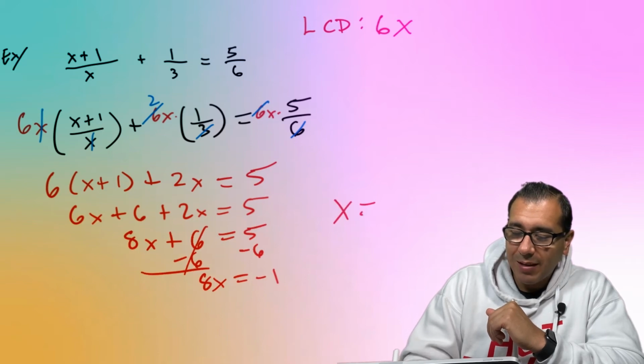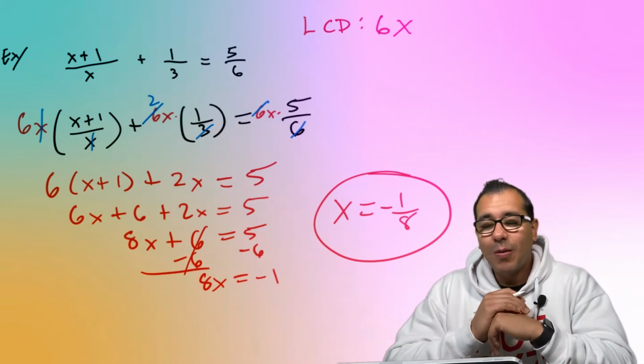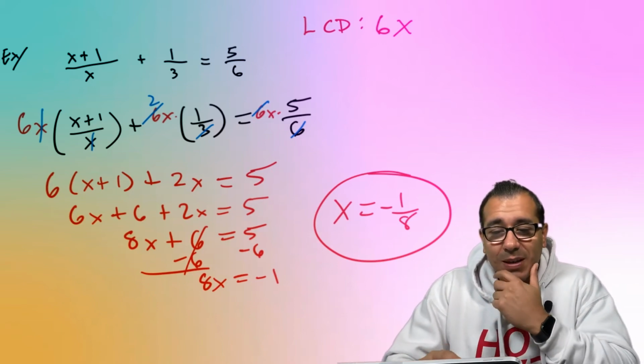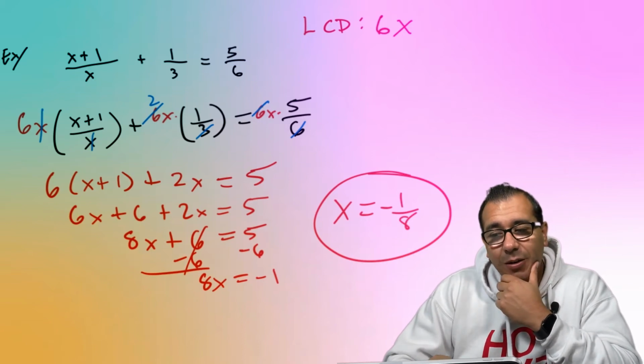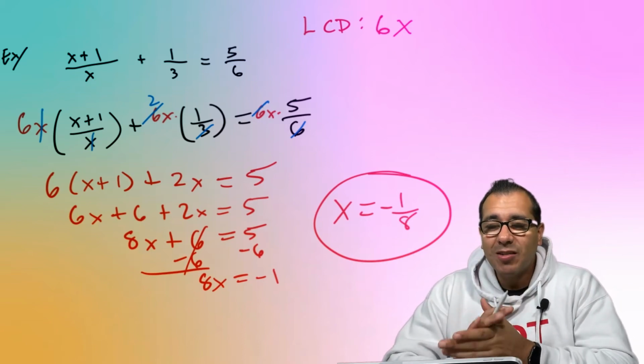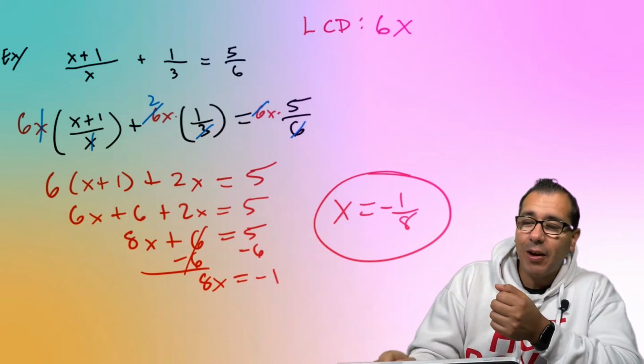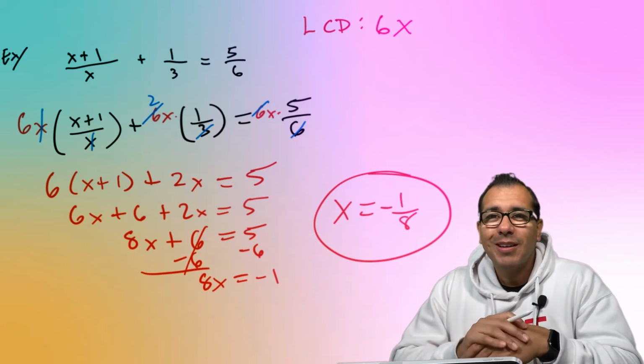And we have x equals negative 1/8. All right. So once again, just because our denominator had a variable, the rules don't change. First find those numbers in our denominator, find the LCD of the 3 and the 6, which was 6, and then tag on that variable. It's that easy, folks.